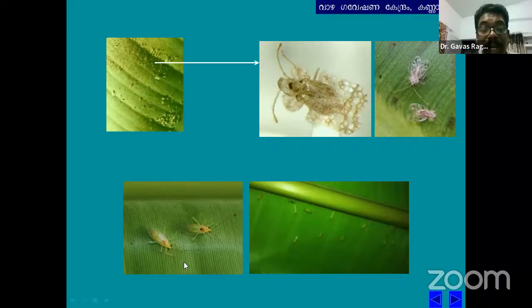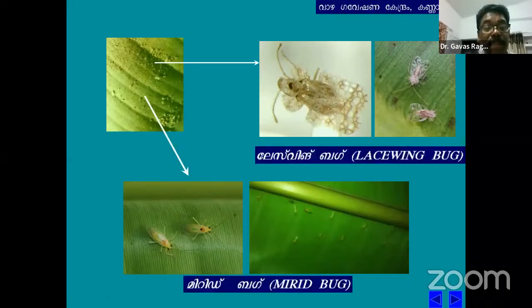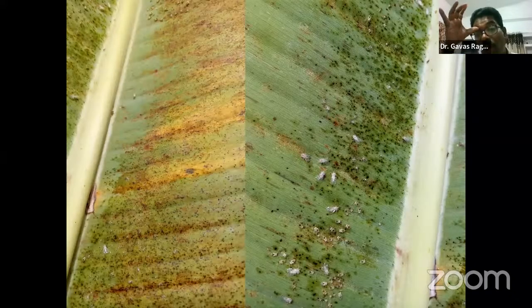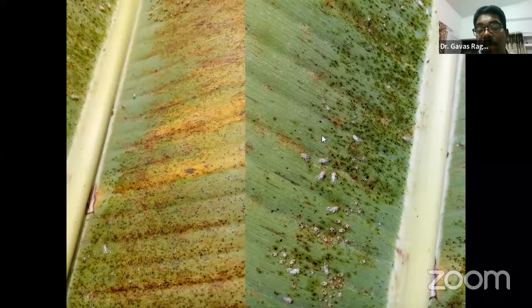These are the mirid bugs, which are common in banana plantations. And this is the typical symptom produced, called a browning or rust symptom, produced by severe feeding of the lacewing bug. You can see both the nymph and adult simultaneously feeding and destroying the leaf underside.